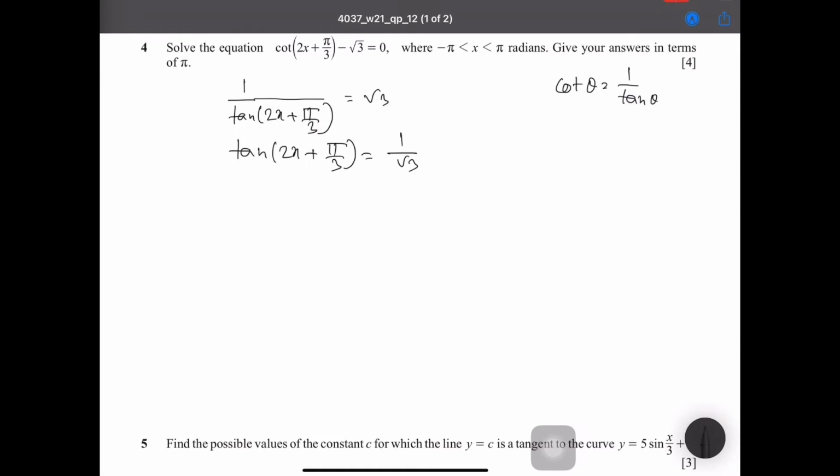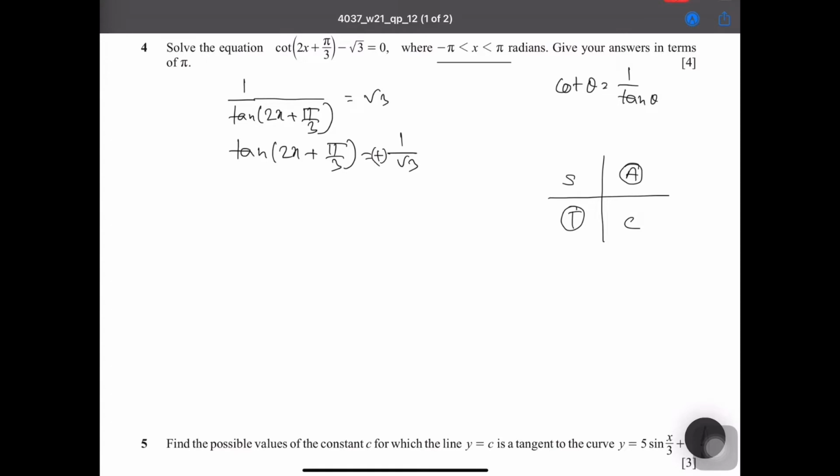Now according to quadrant, since this result is positive, so in ASTC, in this quadrant tan is positive, and in this quadrant also tan is positive. The range is minus pi to pi.